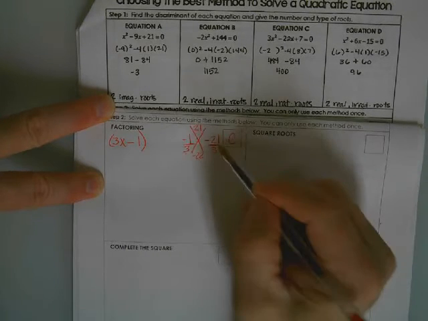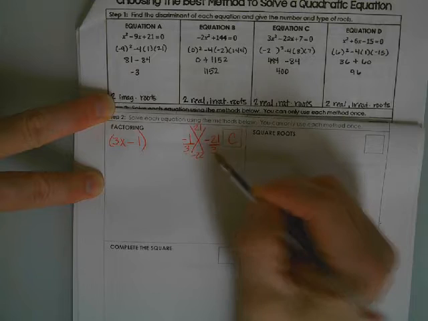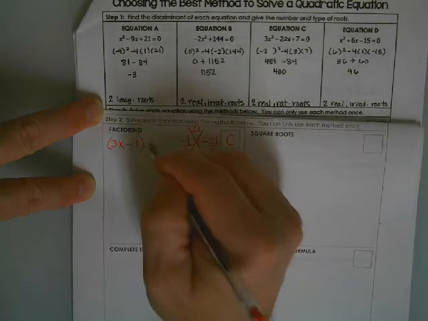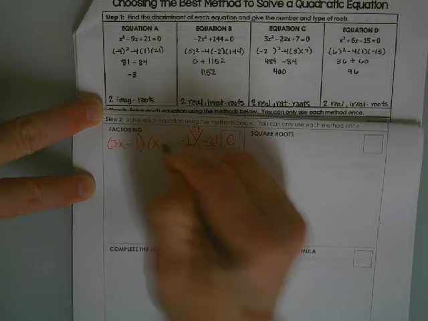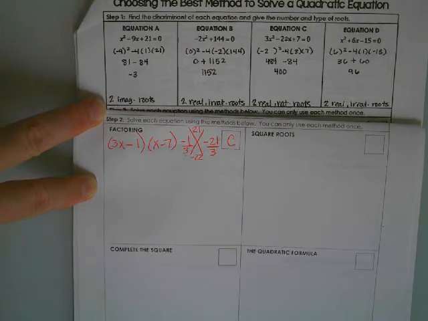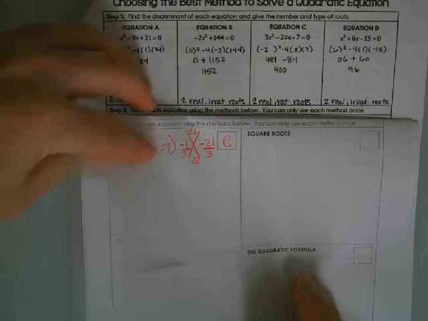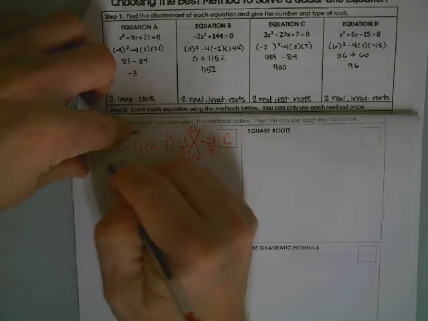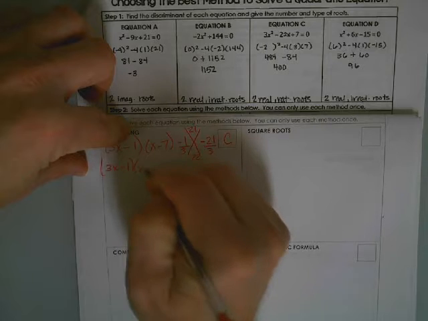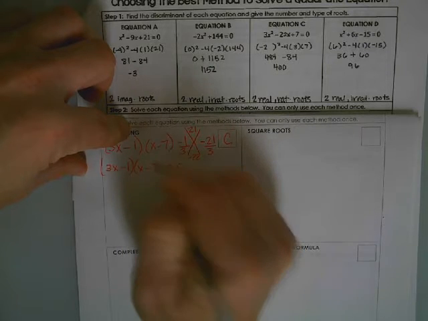The other one, we can simplify the fraction here, so it's negative 21 over 7, x minus 7. So that means 3x minus 1 times x minus 7 equals 0.